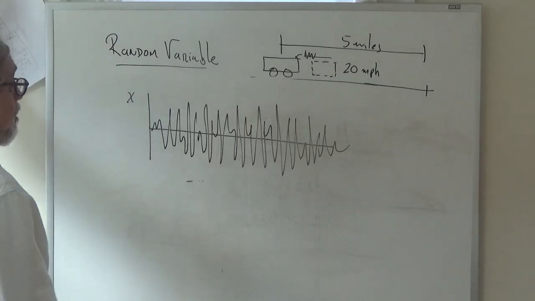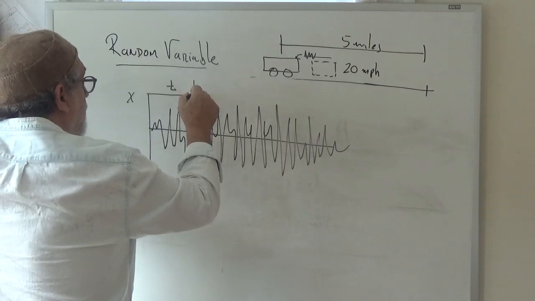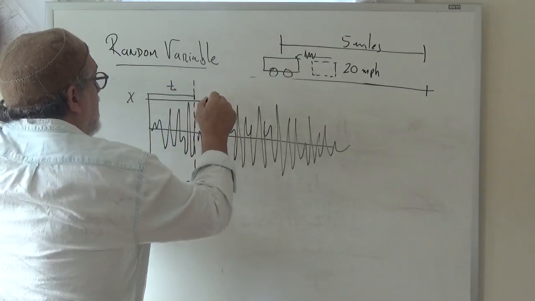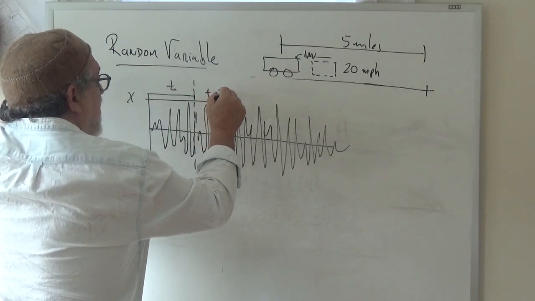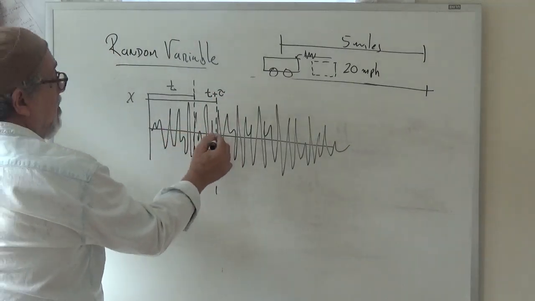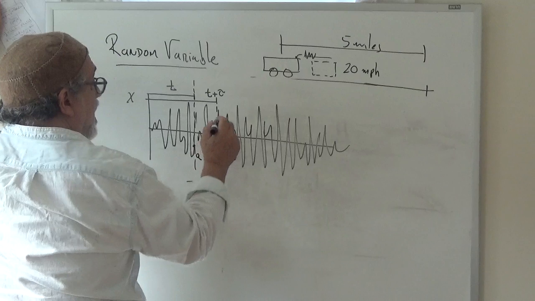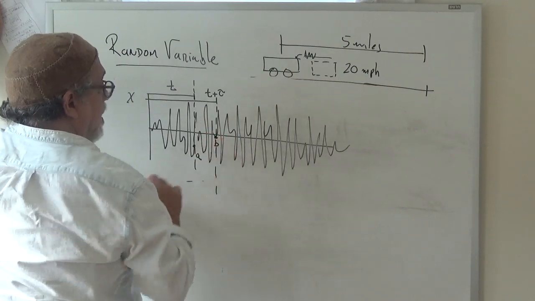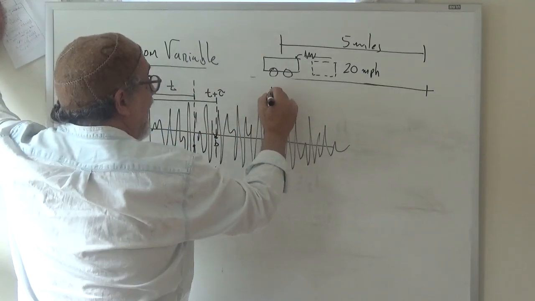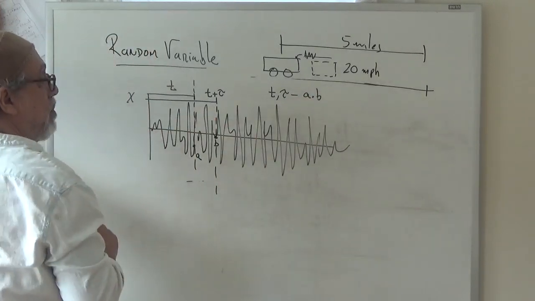Now, if I look at time t, and I look at time t plus tau, where tau is any number, I will have a value here and a value here. So let's say the value here was A and the value here was B. At that t and that tau, I got A times B if I multiply the two numbers, right?